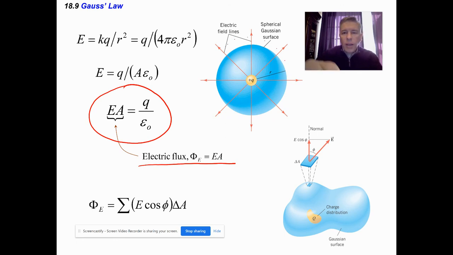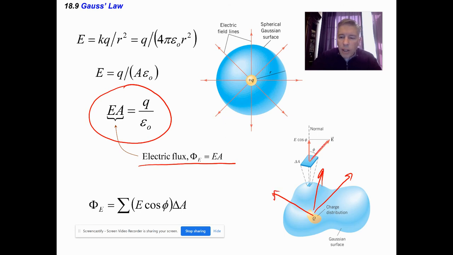Now, that works great if I have a nice little sphere where the electric field lines are passing straight through that surface. But I can also make Gaussian surfaces that are just strange shapes. So this little blob around some kind of charge. And what you'll notice is that the electric field lines might be going diagonally. They're kind of going all over the place.